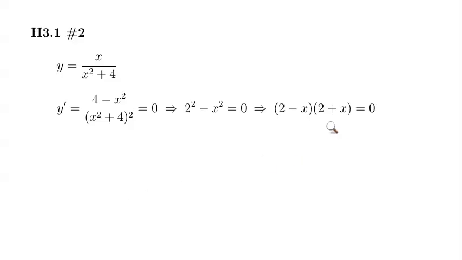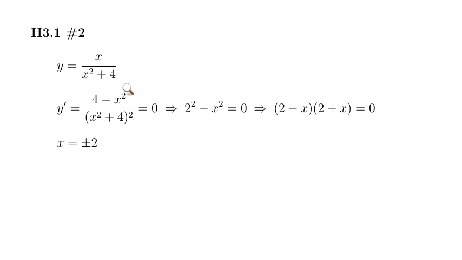Then we know the x value is going to be positive 2 from here and negative 2 from there. So x is equal to plus or minus 2. Is that clear?